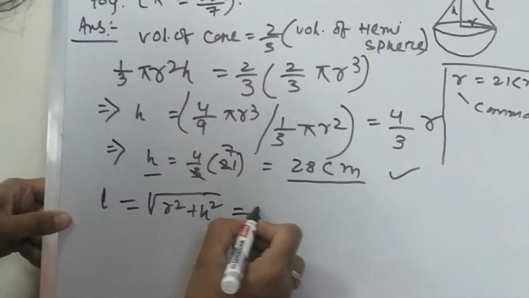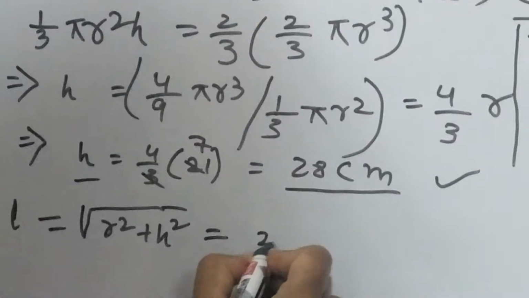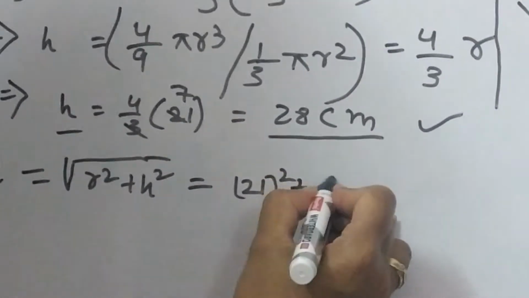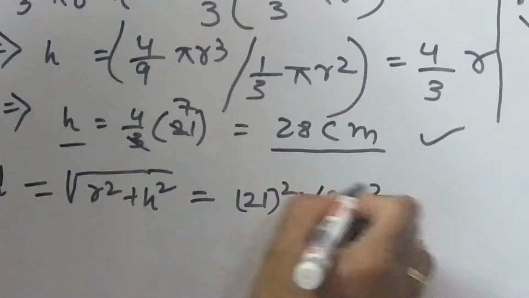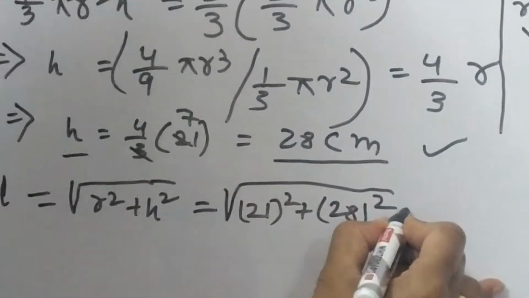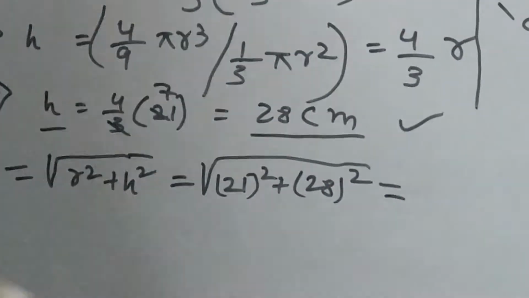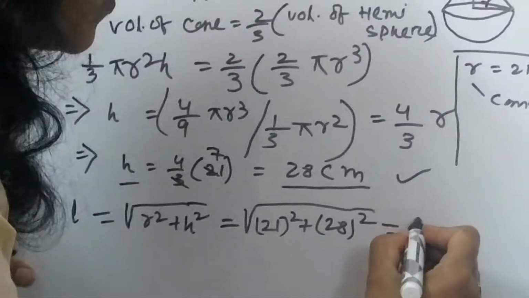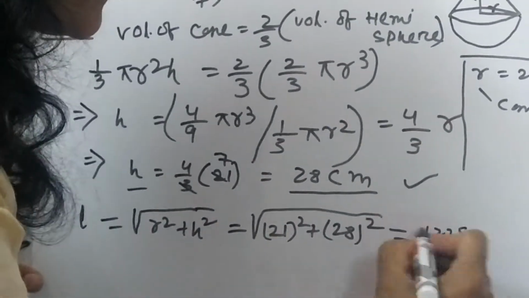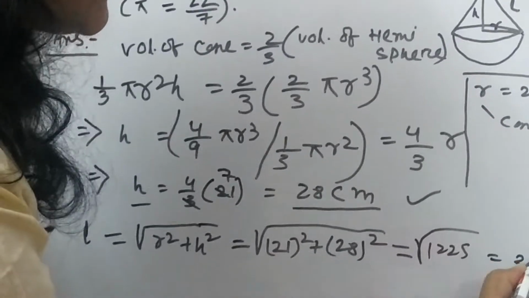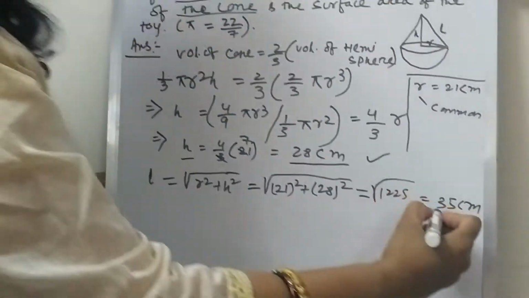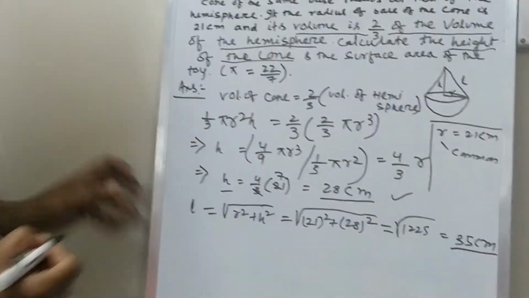The value of r is 21 cm squared plus the value of h is 28 squared. If you calculate this, you will get root 1225, which equals 35 cm.